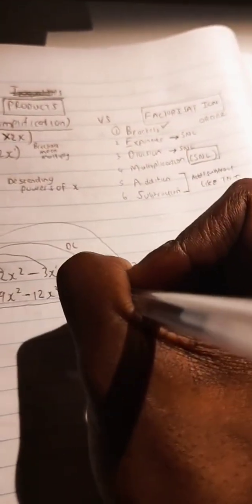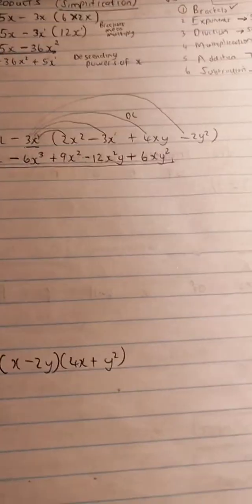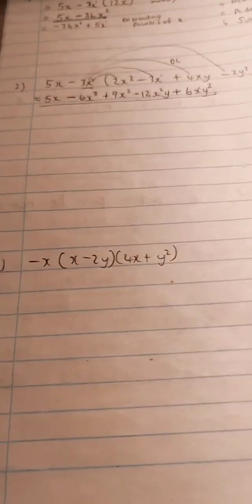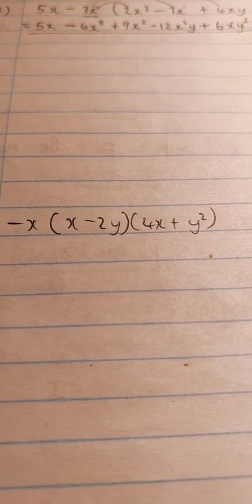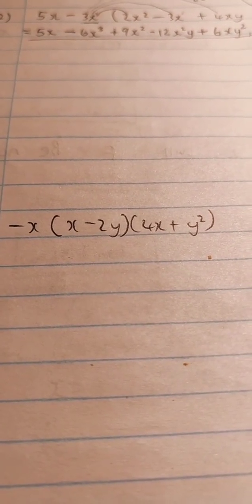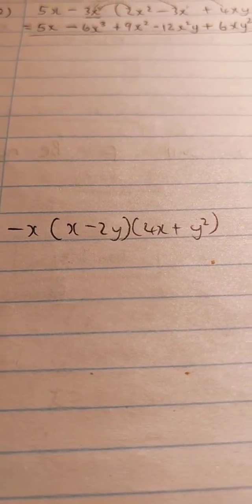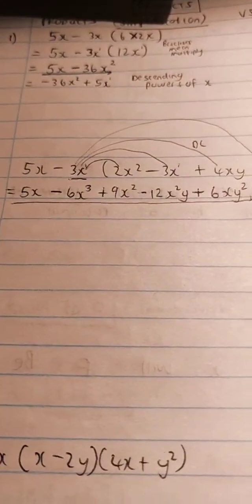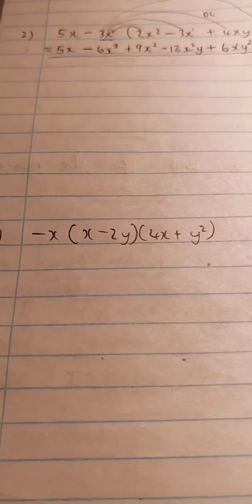So that means the answer is simply this. Exactly, the exponents make a difference. Different variables with different exponents means the terms are not alike.